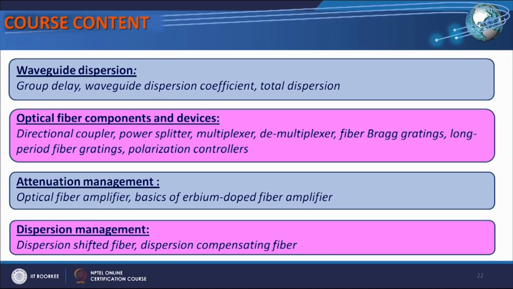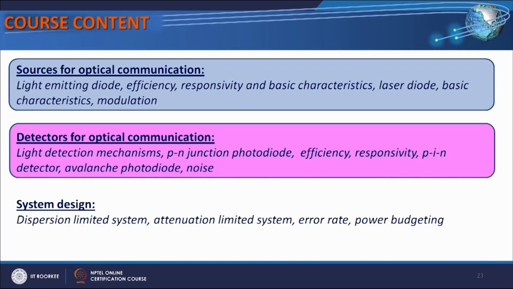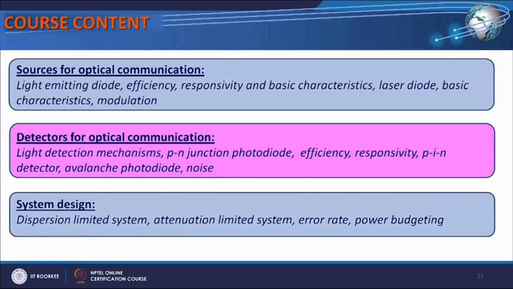Then sources for optical communications, what are the properties of light emitting diodes, what are the properties of laser diodes, then detectors for optical communication, how light is detected in a photodiode, what are their basic characteristics, what are their efficiencies, and then after doing all this, then we will be able to do system design, the design of the system as a whole.